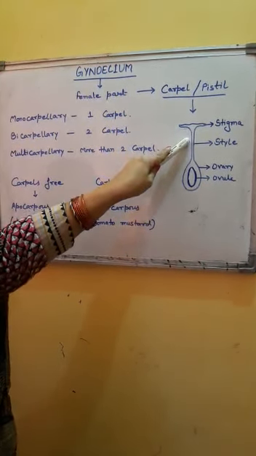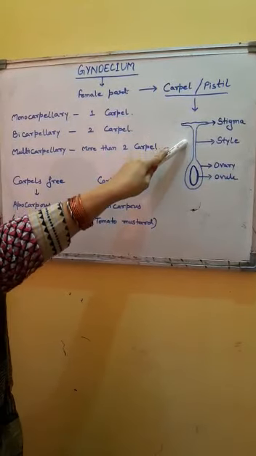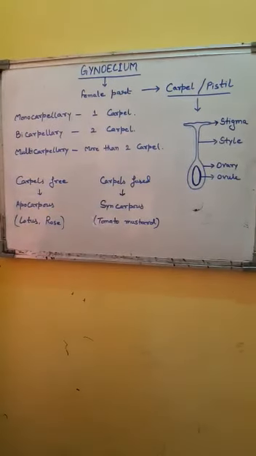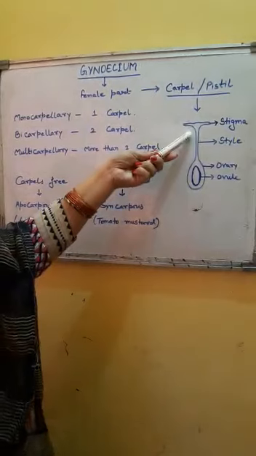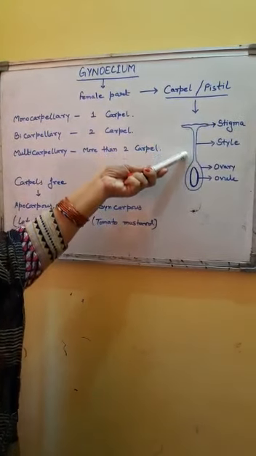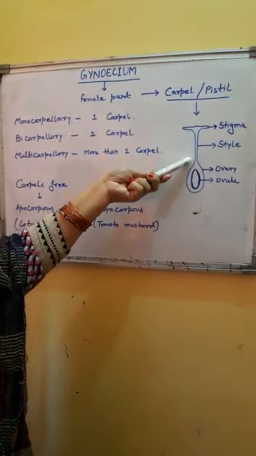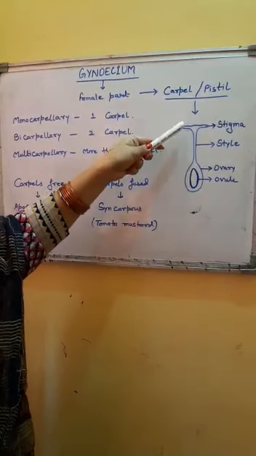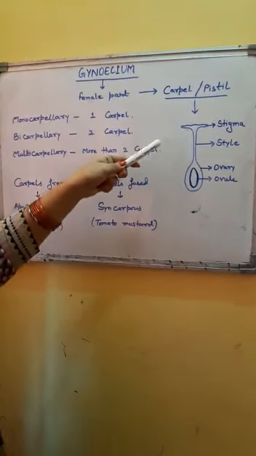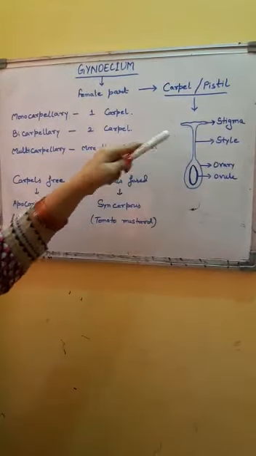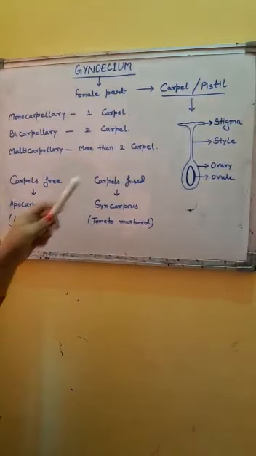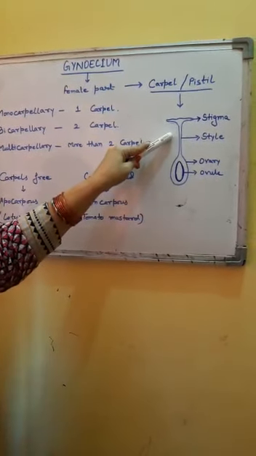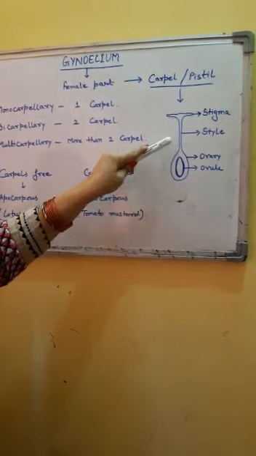After that, a long tubular structure called style. This middle elongated part called style makes a connection, a path between the stigma and the ovary. Inside this style, the pollen tube moves and grows towards the ovary.